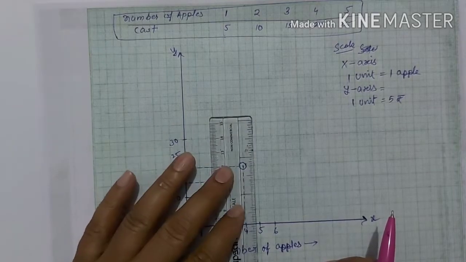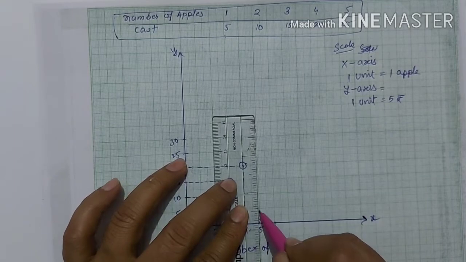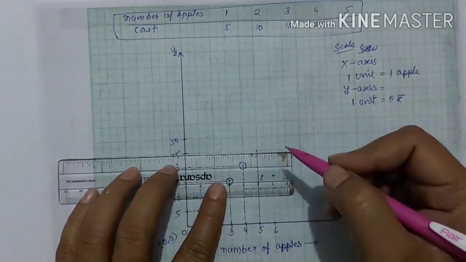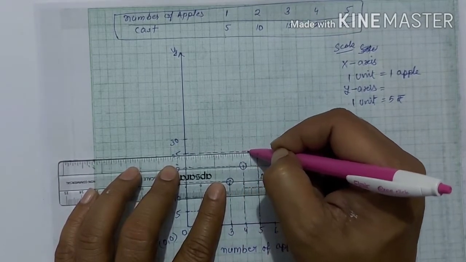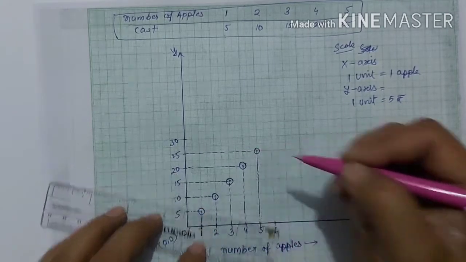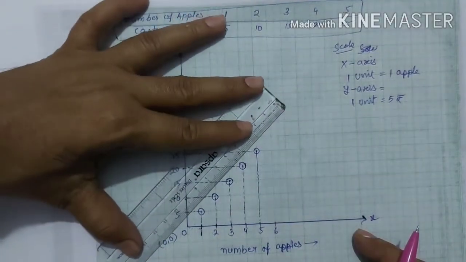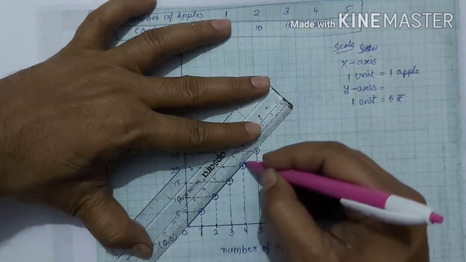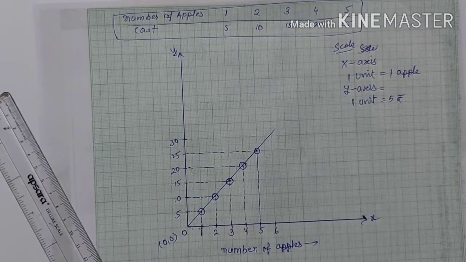The fifth point is 5 and 25, so draw a line parallel to the y-axis and another parallel to the x-axis, by dotted lines, using only a pencil. And last, after finding all the points, join all of them. So this line is complete, this linear graph is complete.